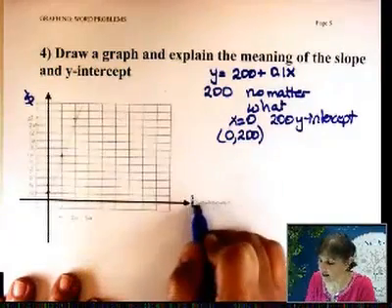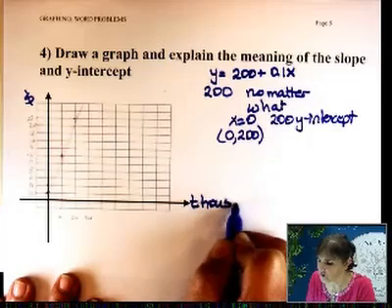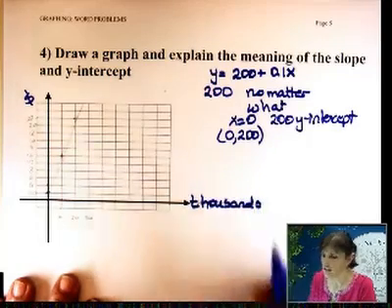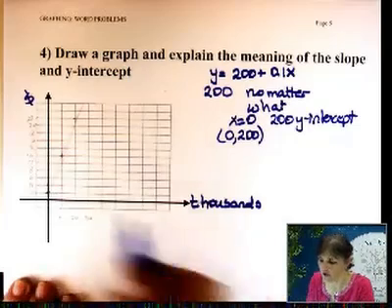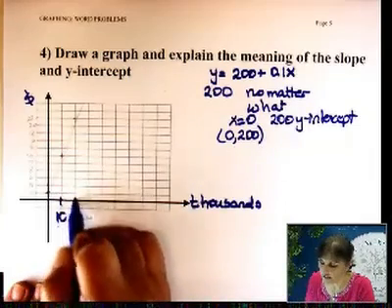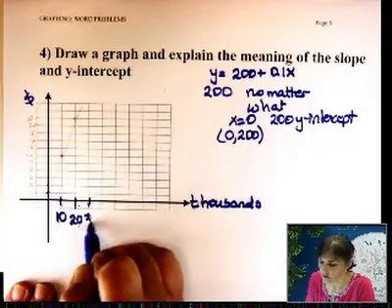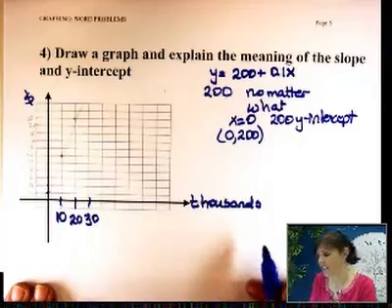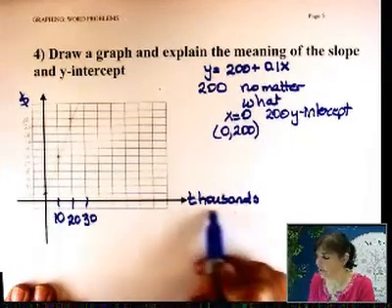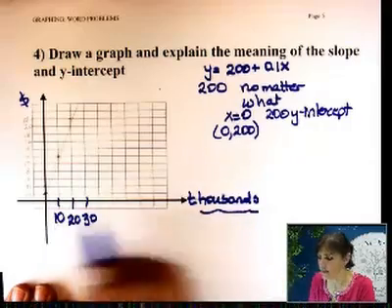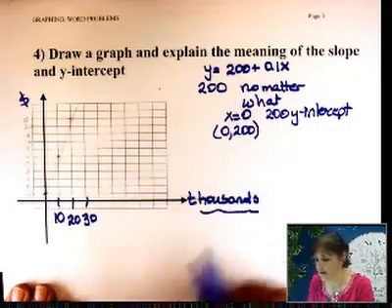So let's put this money he makes. And these ones are in thousands because it looks like the sales are not like $1 or $2. It's in thousands of dollars. So this is in thousands. Let's go. I have 10,000, 20,000, 30,000. It's a trick that you can use with the scales. When you have big numbers, label it in such a way that these numbers mean 10,000, 20,000, and so forth.